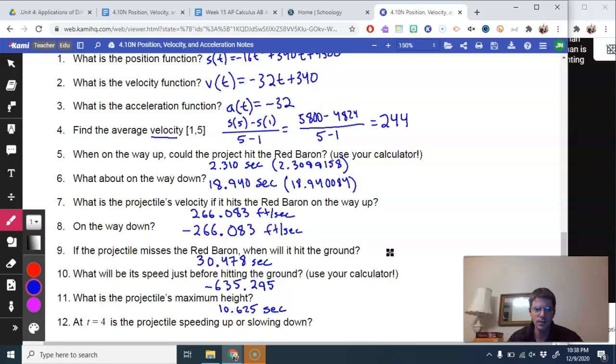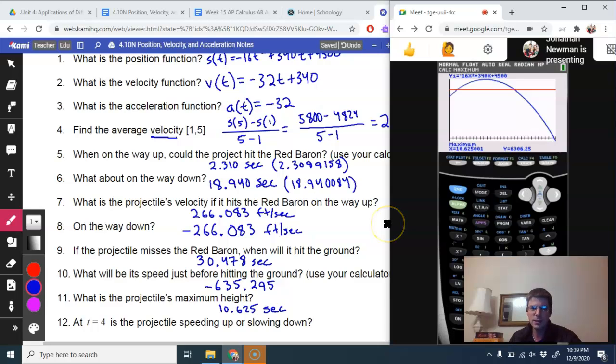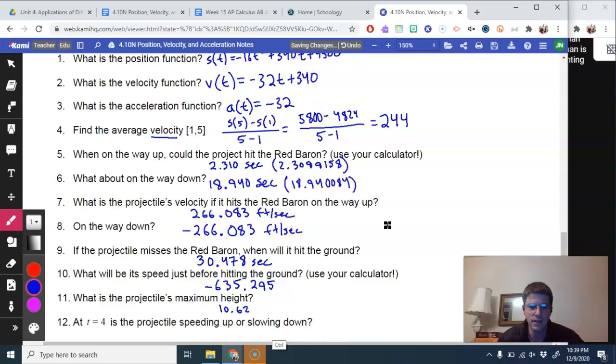And I'm just noticing that, oh, sorry. Two things. I wrote down seconds because that is 10.625 seconds, but the maximum height is not going to be the X, it's going to be the Y, right? So not 10.625, it's going to be 6,306.25. So let's come back and write that down instead.